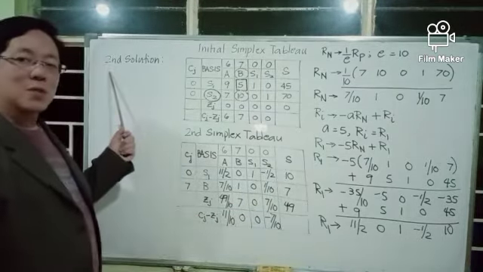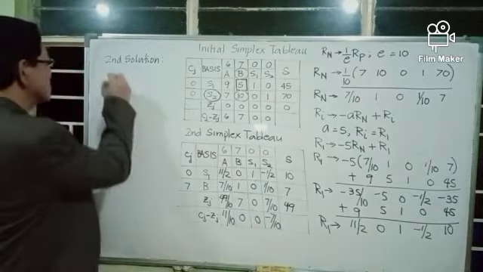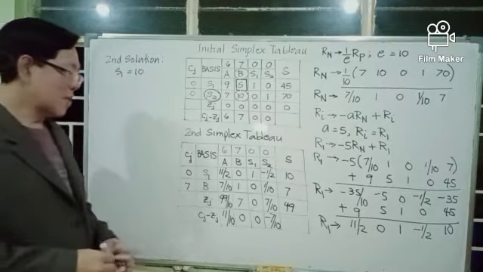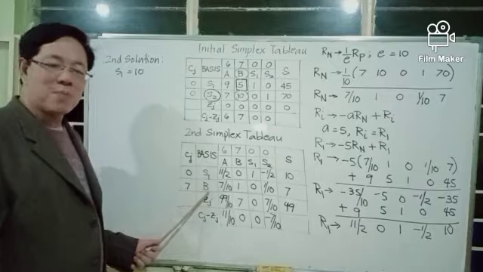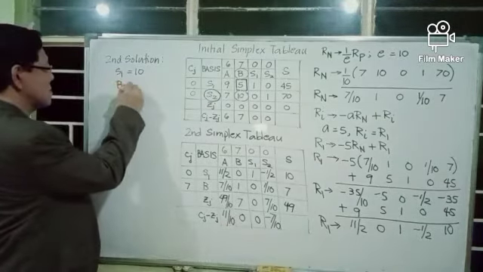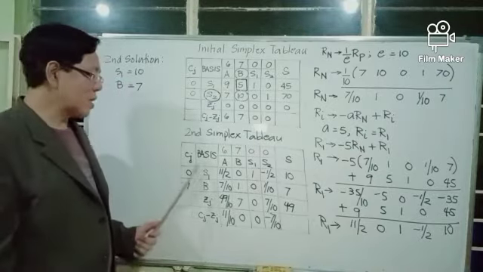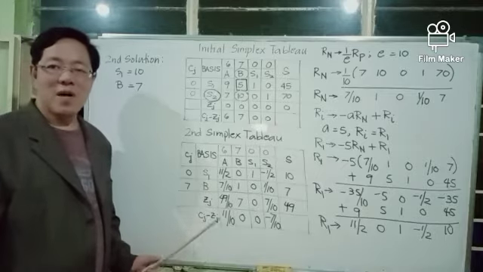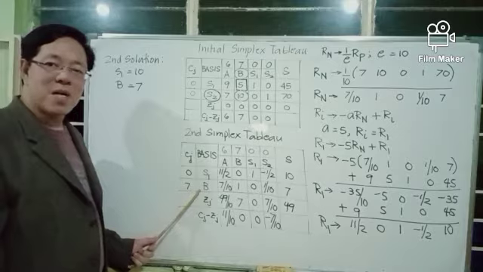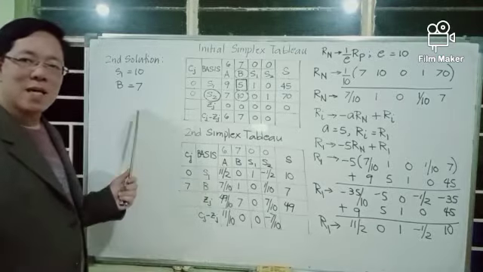Hence, in the second solution, the value of S1 is 10. The value of the decision variable B is 7. All the variables that do not appear in the basis column have values of 0. We do not find the decision variable A in the basis column, hence the value of A is 0 in the second solution.